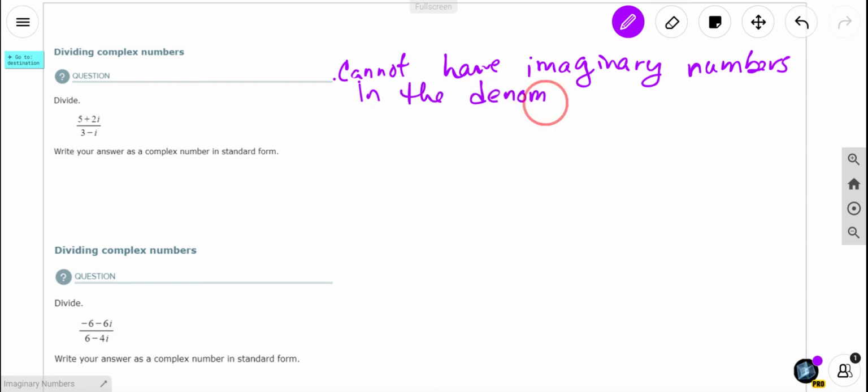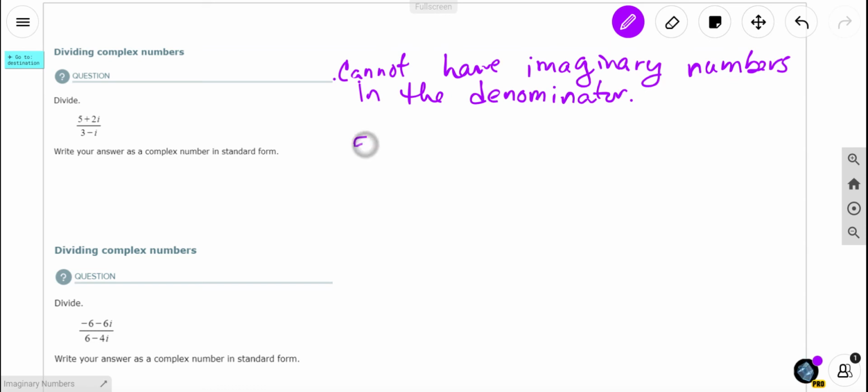Not allowed, you guys. So as you can see, we're very picky about our denominators. We can't have radicals in the denominator. We can't have imaginary numbers in the denominator. We can't have a 0 in the denominator. Okay, got to have it right.